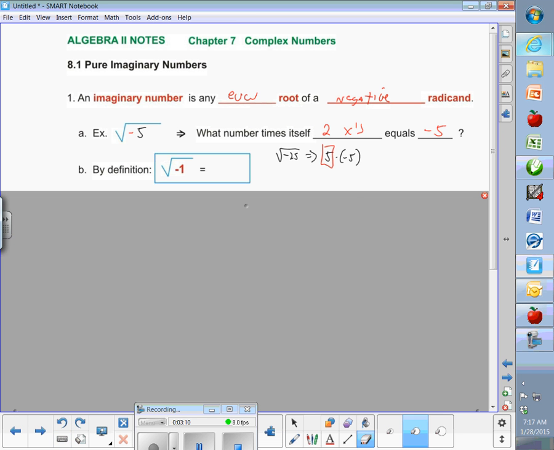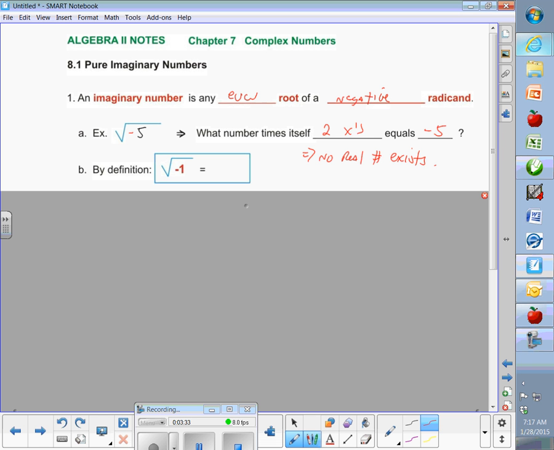And so because of that, we end up with imaginary numbers. Okay, so let's write this underneath. Implies no real number exists. That's the situation when you have an even root of a negative radicand.